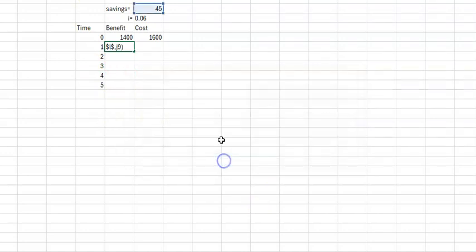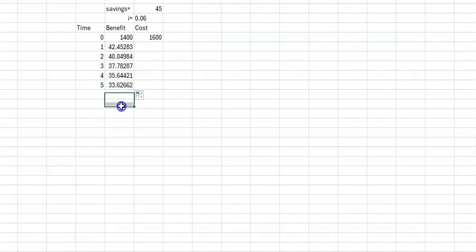Of course, I got that wrong. Plus the power of L5, there we go. Correction, L6, and then we'll drag that down for the future years.